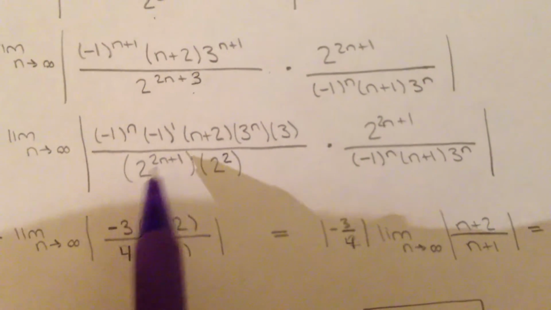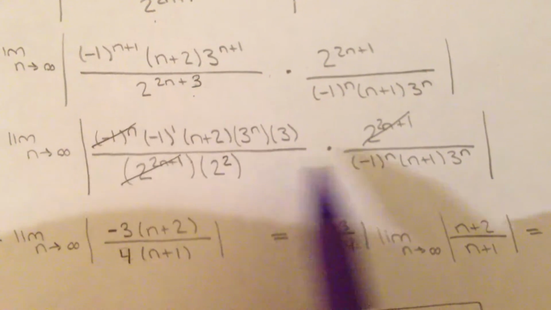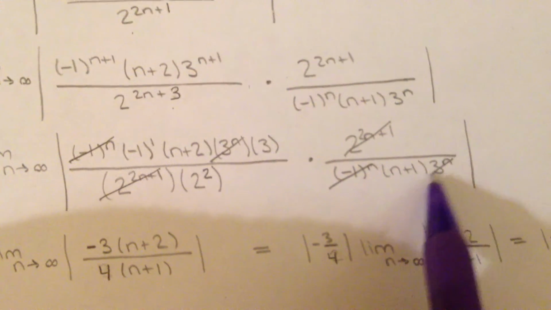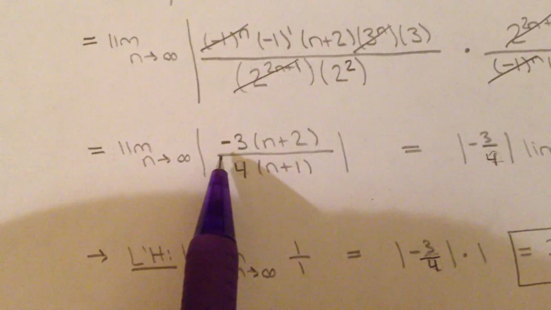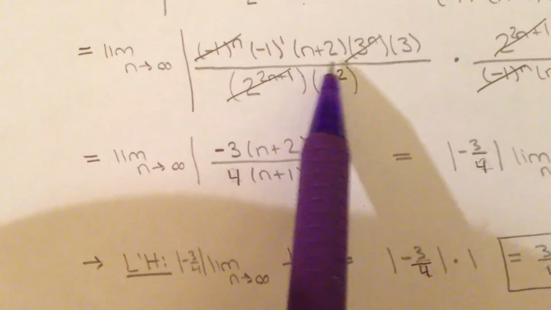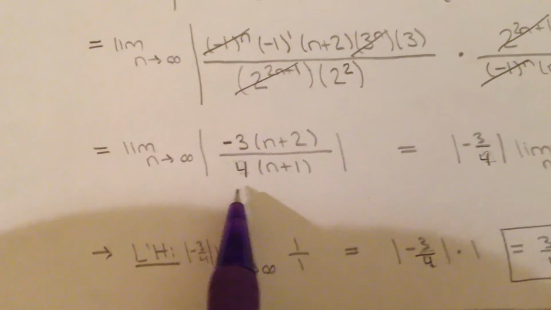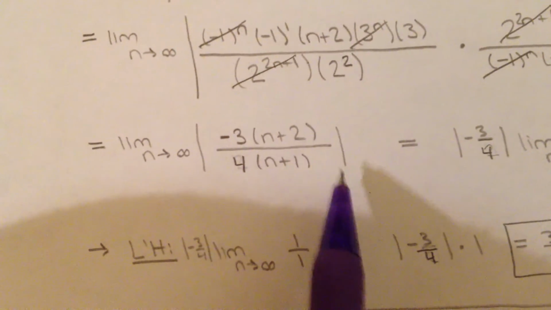That way, this cancels out with that, this cancels out with that, and that cancels out with that. So then in the next step, we're left with negative 1 times 3, which is negative 3, times n plus 2, over 2 squared, which is 4, times n plus 1. And this is all still the absolute value.